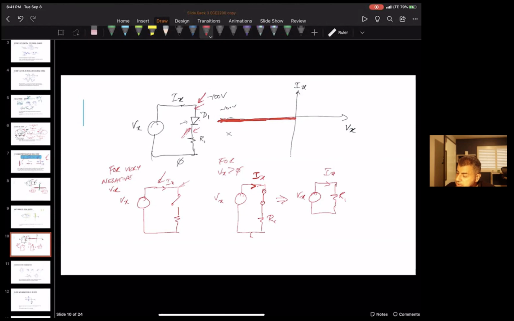In this case, you're putting a voltage across a resistor, so V is equal to IR, so I is V over R. So it's V sub X over R. That means when V sub X goes positive, it looks like a line with a slope of 1 over R1.